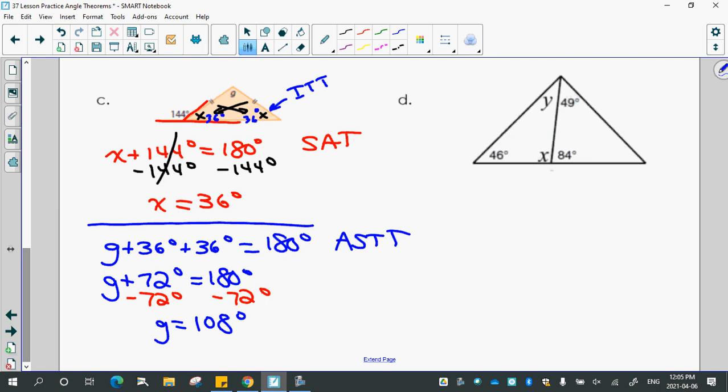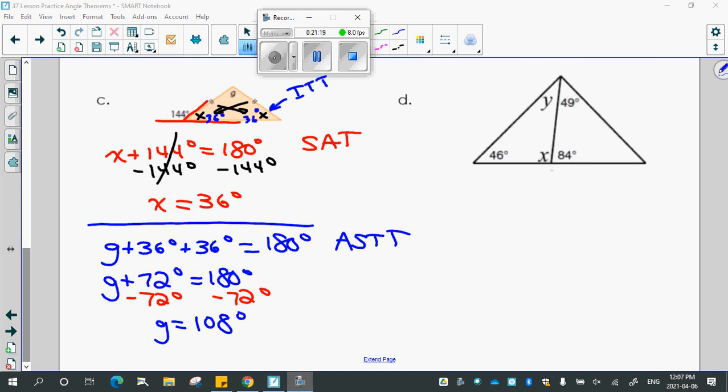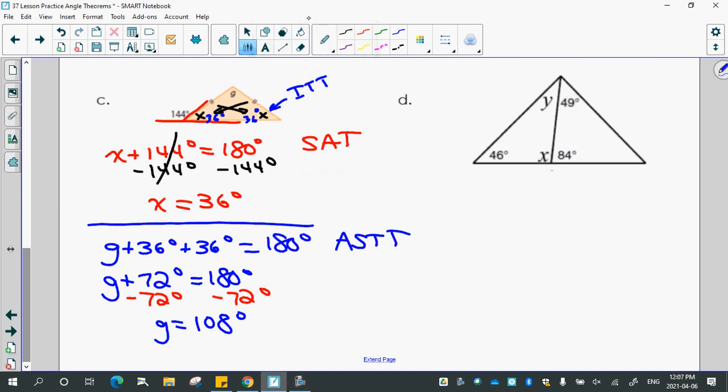Okay, I'm going to give you some time to try D. Did anyone decide which one they could find first, just based on what we're doing? X, good, because X and 84 are supplementary. They form a straight line, which would mean X plus 84 degrees has to add up to 180 degrees.